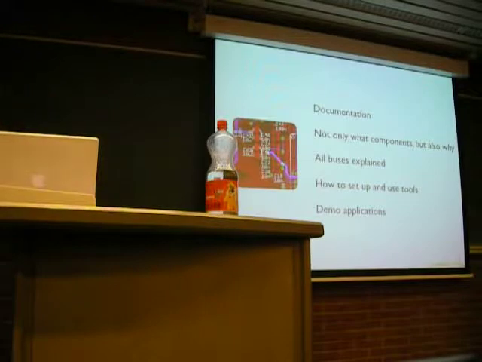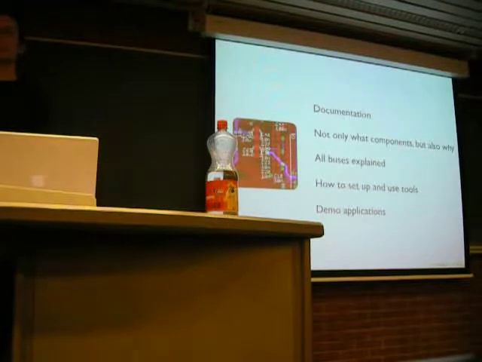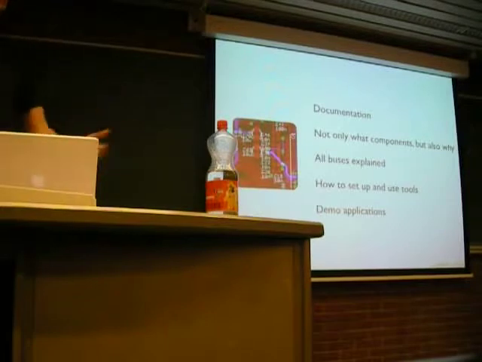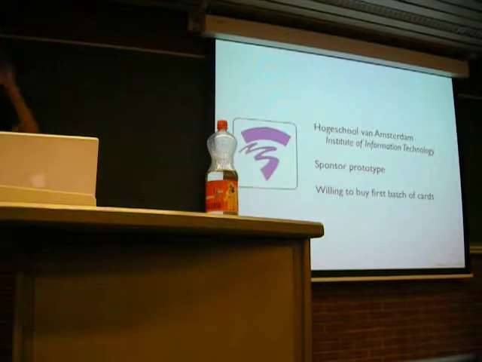The demo applications, like how to get a demo output of your screen, are still in development because we only last month got something working. But all this documentation is again very available, and it's also somewhat important because my university started sponsoring me to actually get more prototypes out, and they're also willing to buy the first batch of cards. We suggested that.